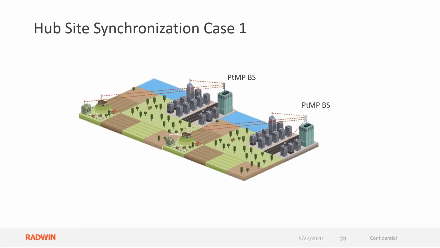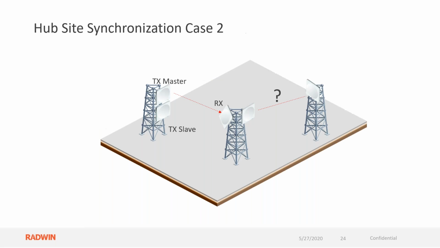Let's say 5 kilometers, 7 kilometers, we need to take care of this synchronization. If it is above 10 kilometers, I can disregard the need for synchronization. But in the same tower, the same neighborhood, the same city, when there is a dense deployment, I need to take care of synchronization.